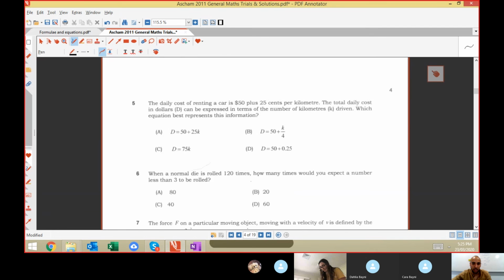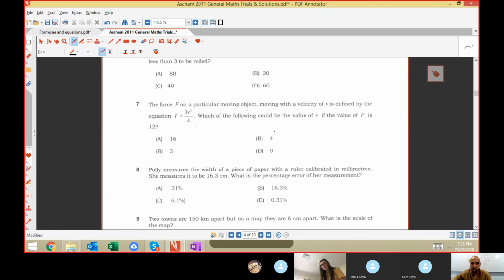We'll go down to maybe an equation question that you were just doing. Oh, there you go, there's one. It says the force, blah, blah, blah. You completely ignore all of that. All you need is this equation: F equals 3v squared on 4. Simple. Which of the following could be the value of v if F equals 12? That's the reverse of the questions you were just doing.